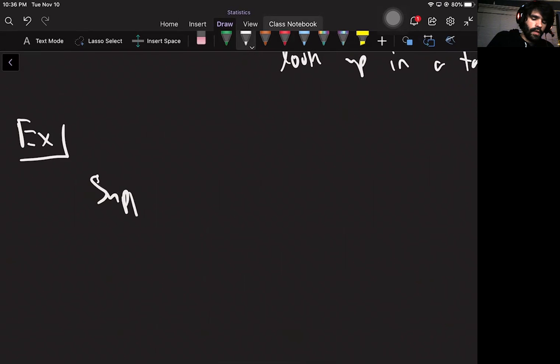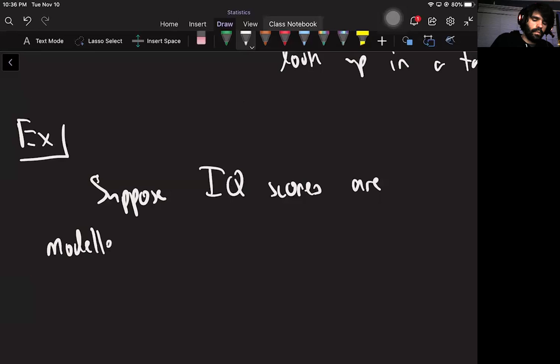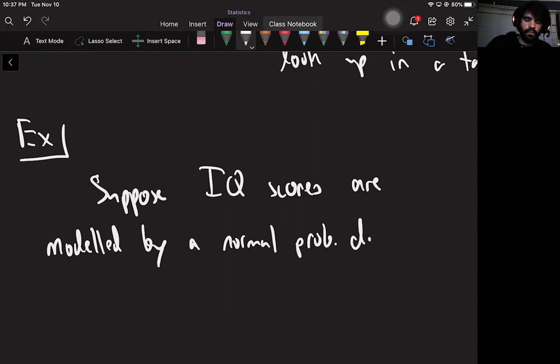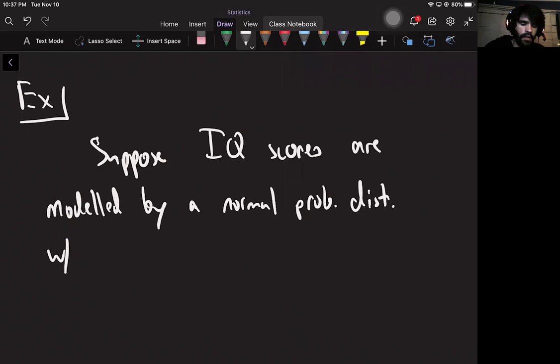It's maybe not necessarily true, but just for the purposes of this problem, we're going to pretend that IQ scores are modeled by a normal distribution. If that is the case, you have to be given the mean of this distribution and the standard deviation.